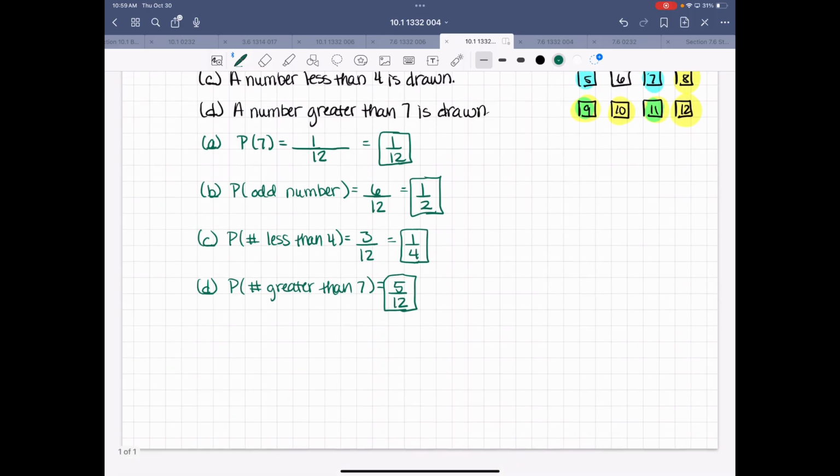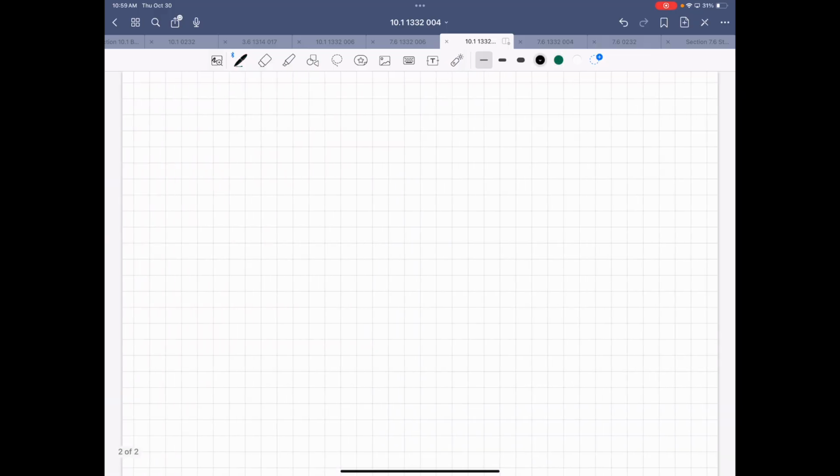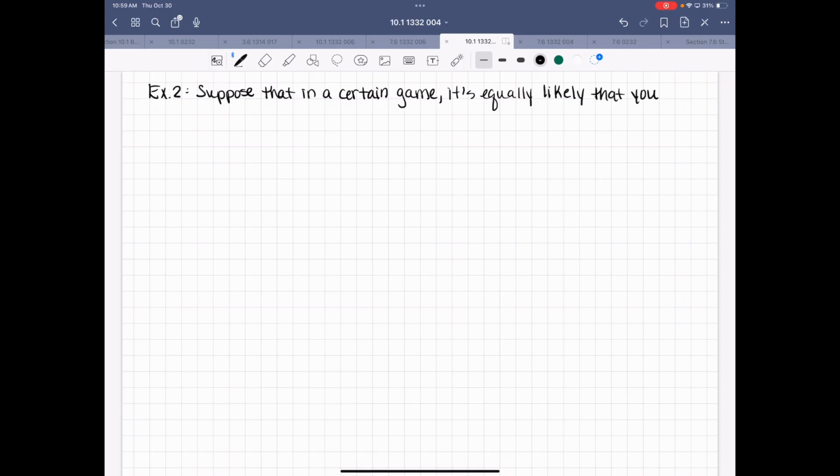Example 2. I'm going to flip to the next page. Example 2 says, suppose that in a certain game, it's equally likely that you will win, lose, or tie.